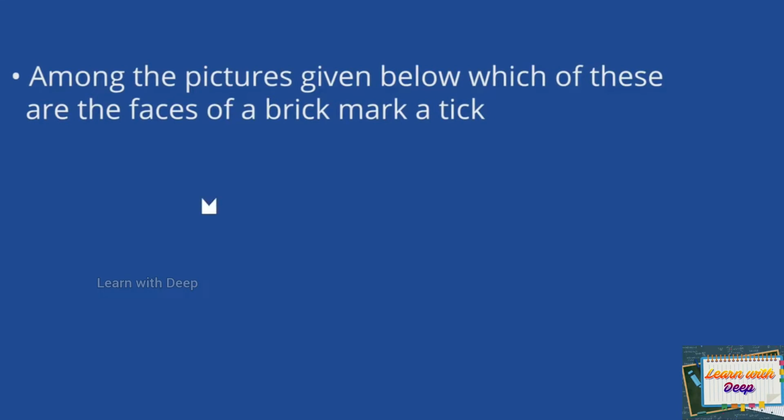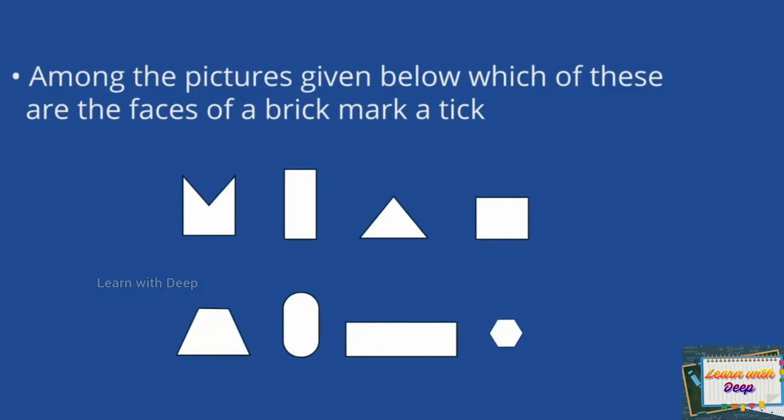Among the pictures given below, which of these are the faces of a brick? Mark a tick or a correct sign. Carefully look at these pictures. Is it first, second, third, fourth, or sixth?